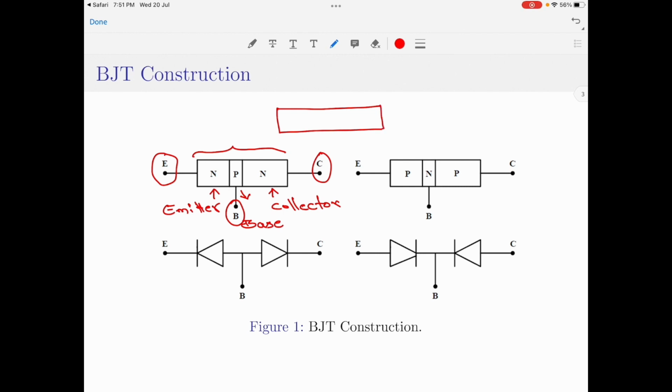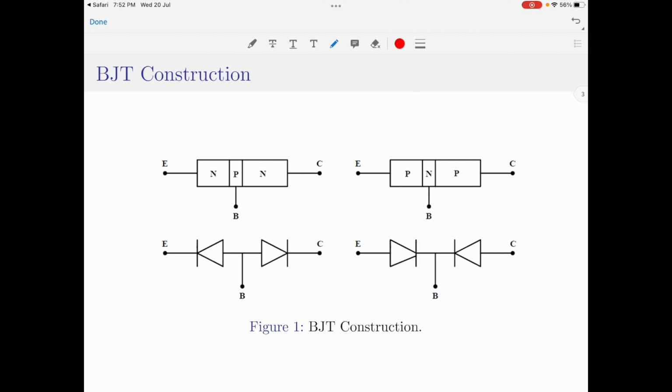The middle region must always be the smallest region, and this region is called the base. The largest area coverage is always for the collector, and the remaining one is the emitter. This is how you can draw a BJT. Please note, you have to show terminals as well. This way of drawing the diagram is applicable for both PNP as well as NPN transistors.